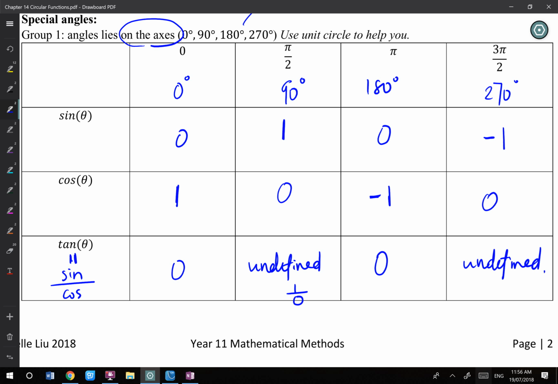We are not requiring you to find sine 50. You only need to know this method to evaluate angles on the axis, like 0, 90, 180, 270, 360, or -90, -pi, or -3 pi over 2.